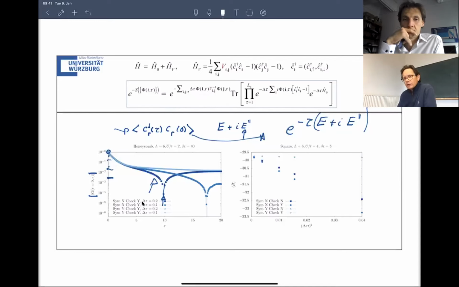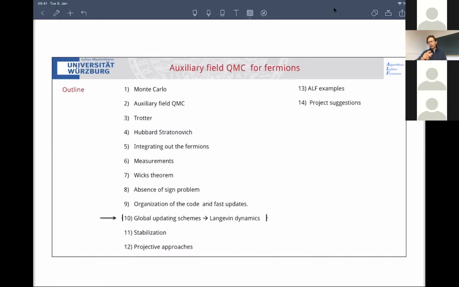And then you do your local updates on a time scale which is delta tau. And so you have a mismatch of energy scales, right? You do your spin flip, or basically your local update, at a very high energy, and it's very hard to sample the long wavelength in imaginary time dynamics of the phonon. I think that's the problem.